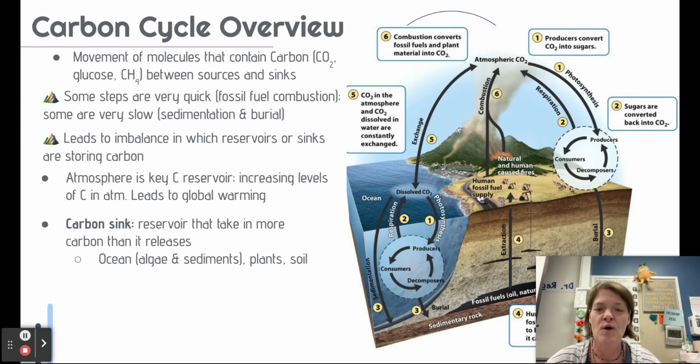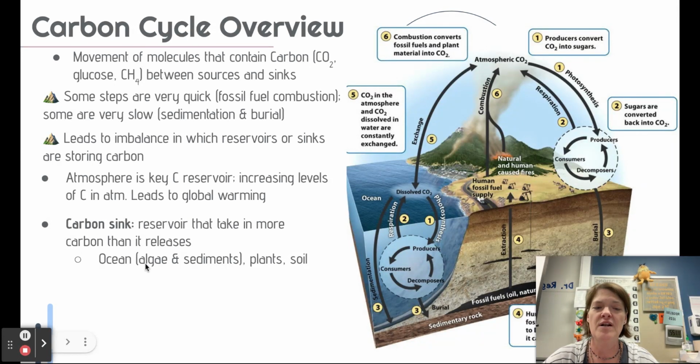Carbon sinks are reservoirs that take in more carbon than they release. The difference between a reservoir and a sink is that a reservoir stores whatever geochemical we're talking about. A sink actually takes in and stores more than it is releasing. And so that's the major difference there.